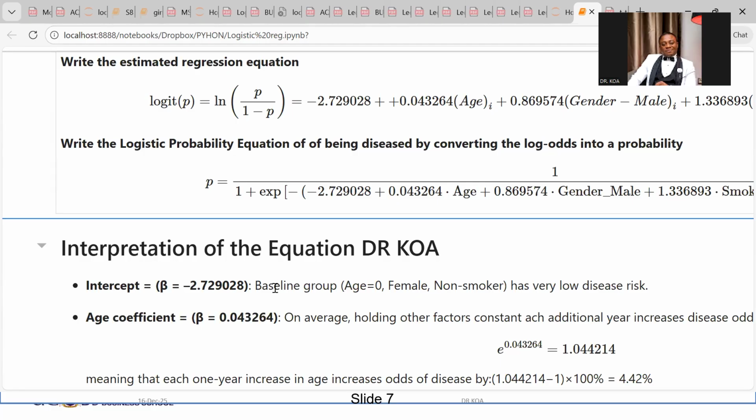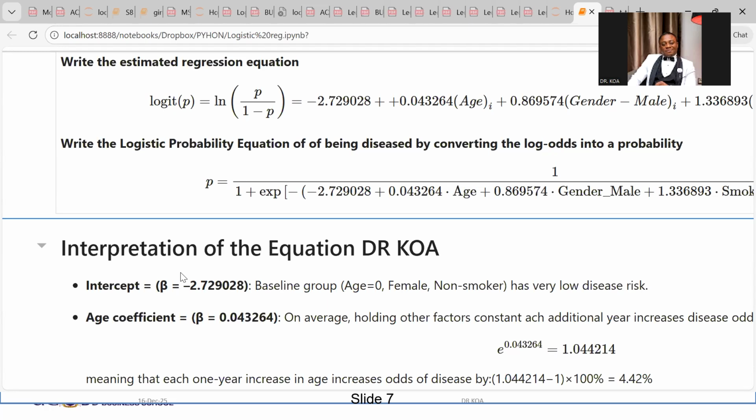And it's negative. So it means that the baseline group, referring to anything that is not in the original model, has a very low disease risk. In other words, it's not even that important to interpret this one, but I'm just doing it because normally it's for cosmetic purposes.